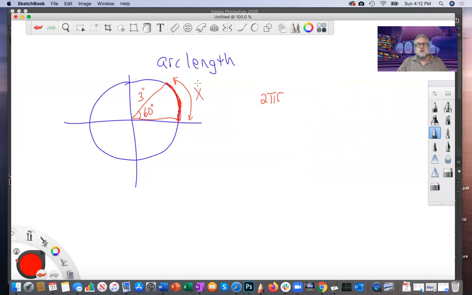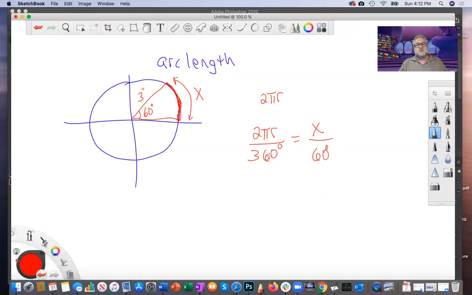So again, I'm going to use a ratio. 2 pi r is all the way around the circle. 360 degrees is all the way around the circle. My arc length x is only a portion of the circle, as is 60 degrees.